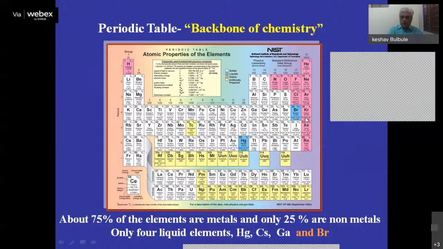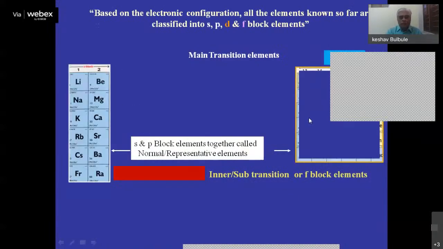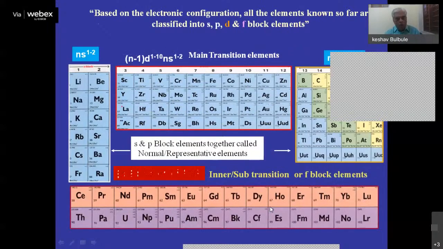And amongst the metals, we have got these categories. We have got the blocks. If somebody has to study the periodic table in the simplest manner, then we have got a small patchwork of elements starting from lithium up to radium, whose general electronic configuration is ns1 to 2.